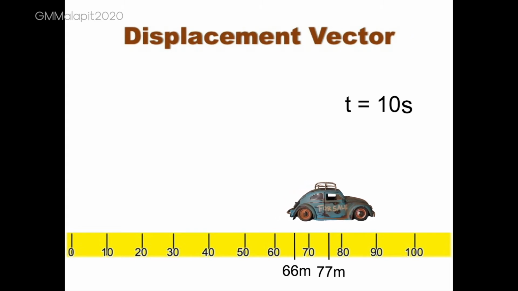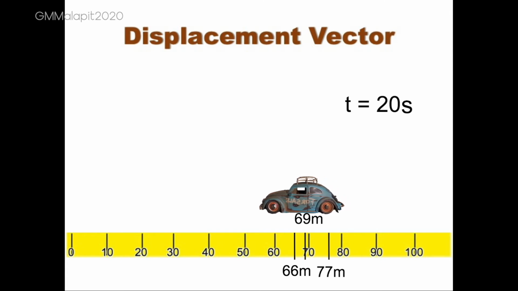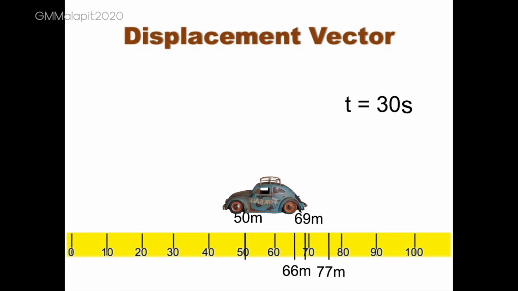At time t equals 20 seconds, the car is now at location C, where x is equal to 69 meters. The car continues to move, but this time to the left, at location D, where x is equal to 50 meters after a total of 30 seconds.